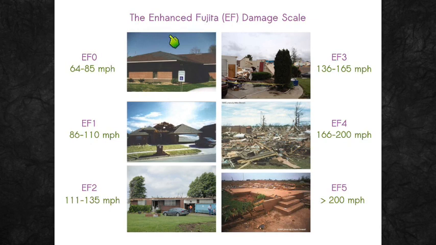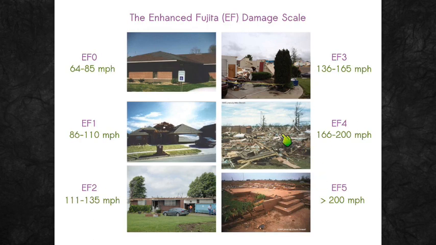It has 6 categories, EF, standing for Enhanced Fujita, EF0 through EF5. You can see the winds associated with these written in green, starting at about 60 miles per hour, then the next one starts at about 80 miles per hour, 85, 110 miles per hour, 140 roughly, 170, and then greater than 200 miles per hour.